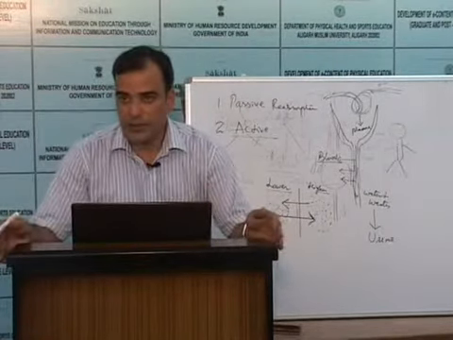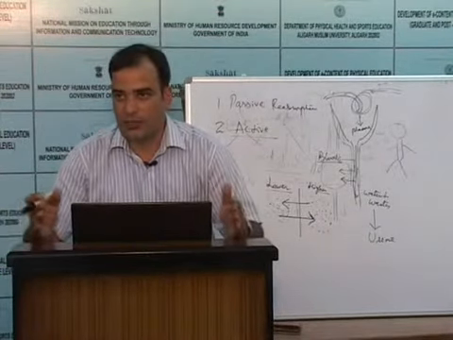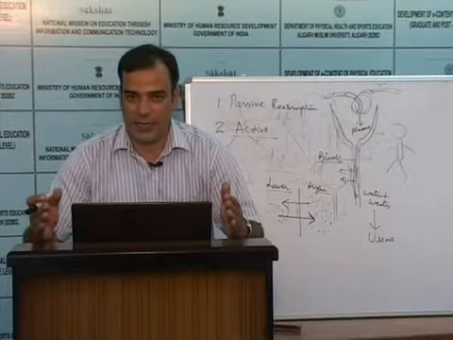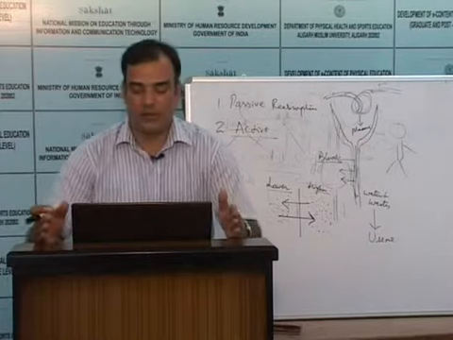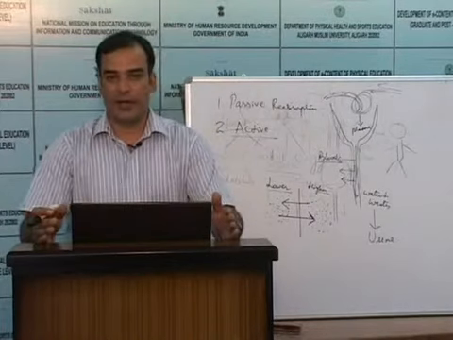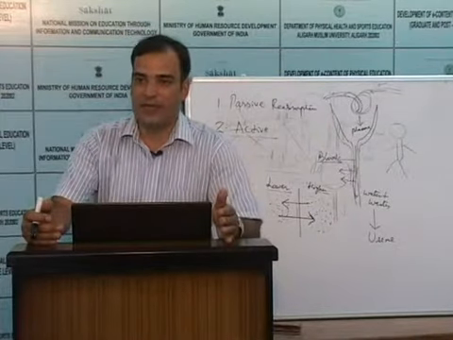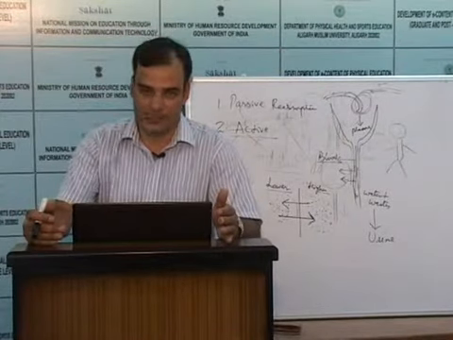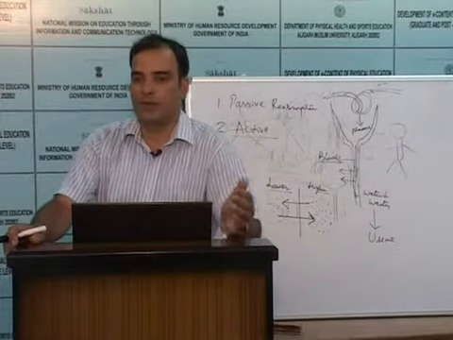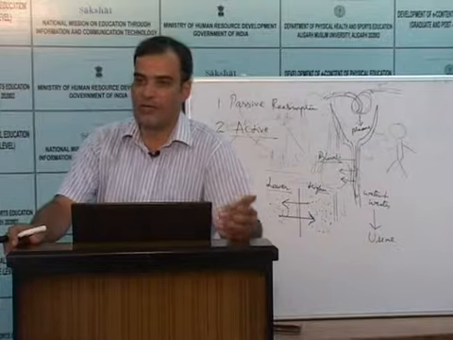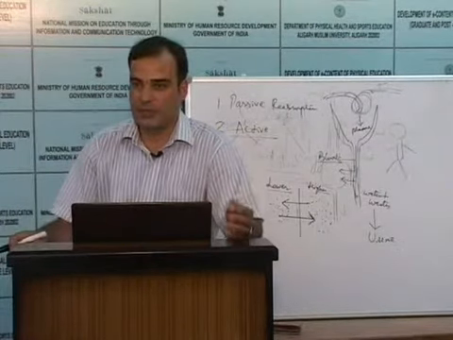So in a nutshell, the reabsorption in the tubules is of two types: active reabsorption and passive reabsorption. Active reabsorption means energy is required because the substances are transported against the electrochemical gradient. In passive reabsorption, because the transport takes place along the electrochemical gradient, from higher to lower, no energy is required.